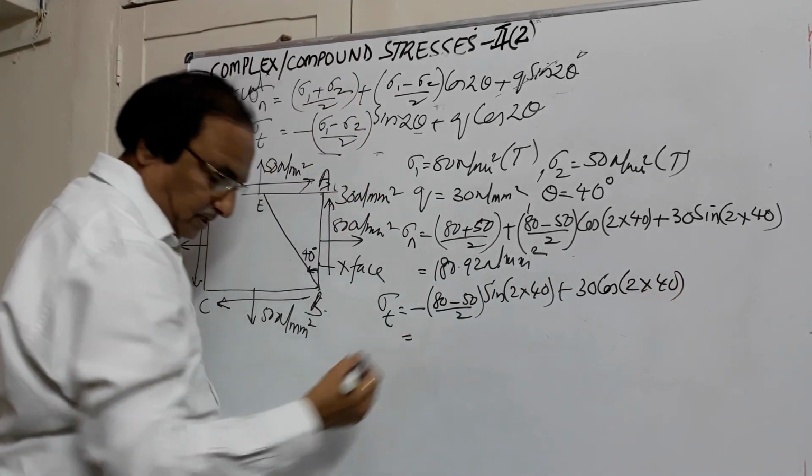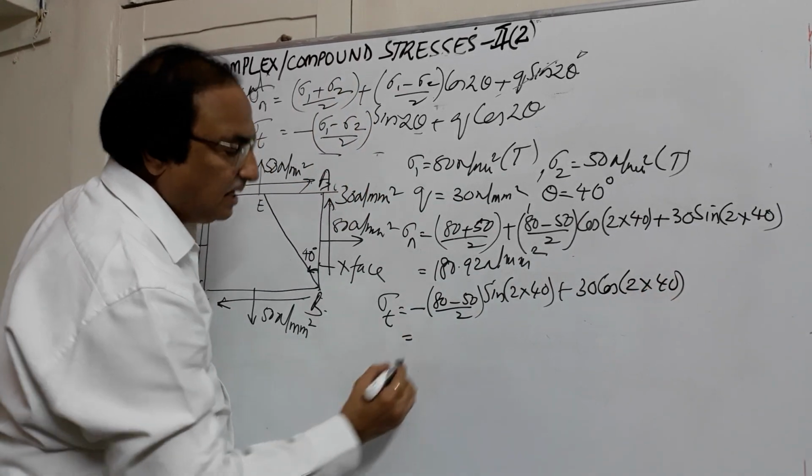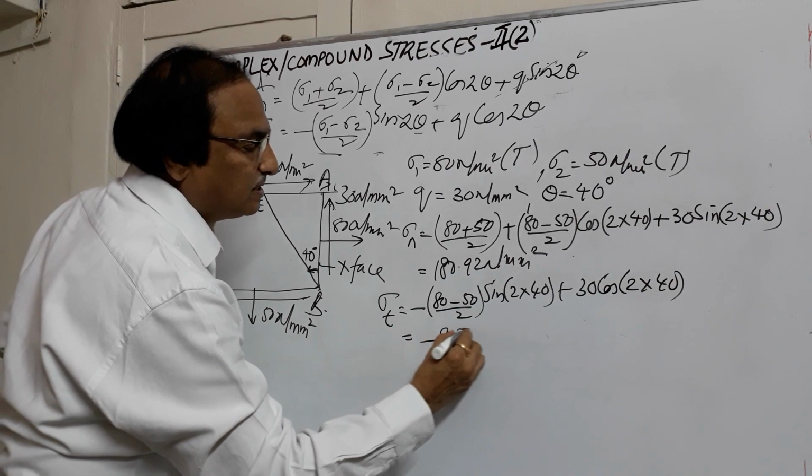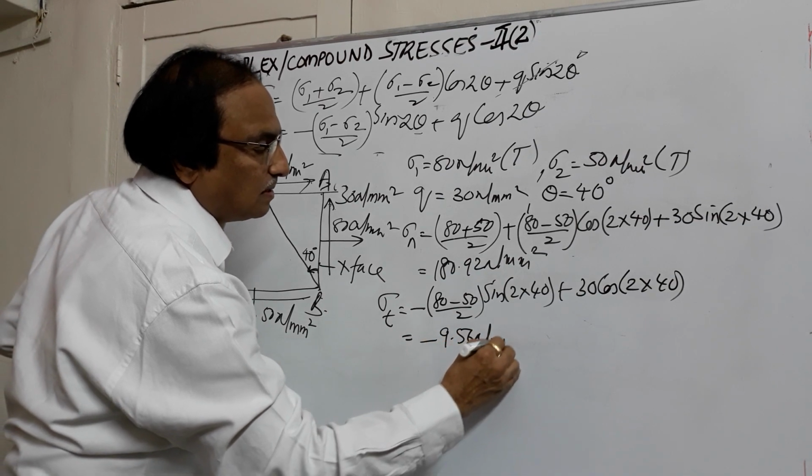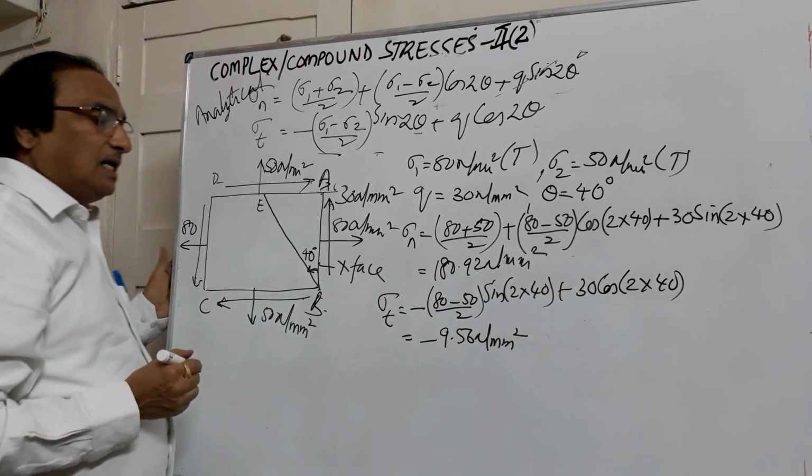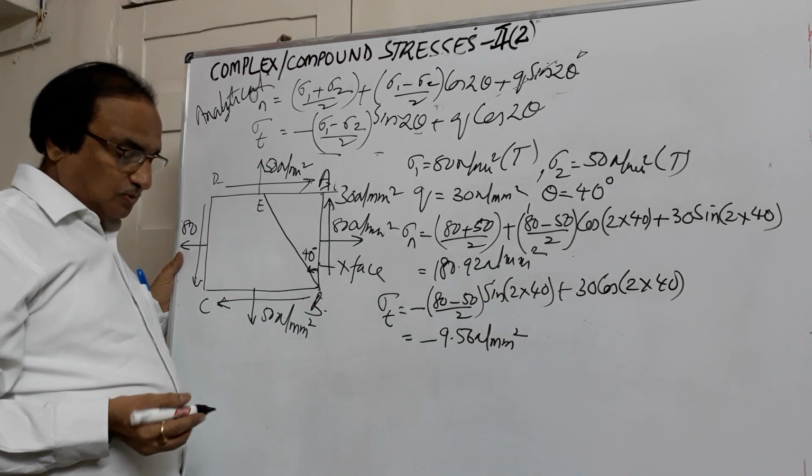If you simplify this, you get the value of sigma t as minus 9.56 Newton per mm square.